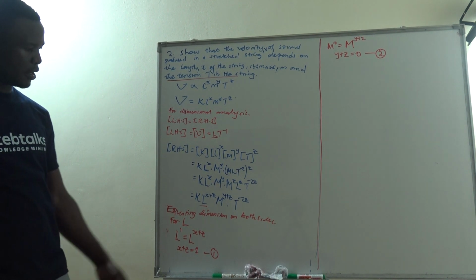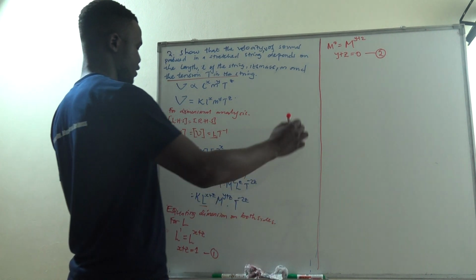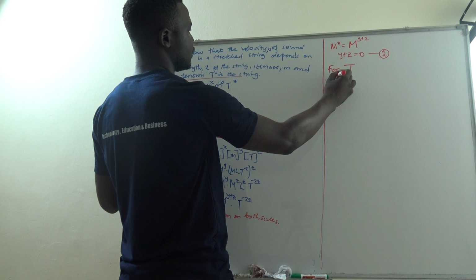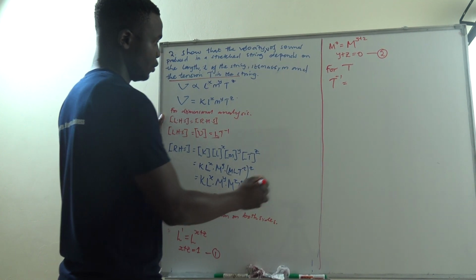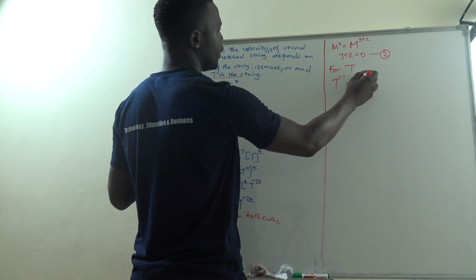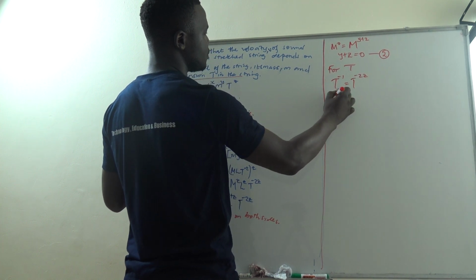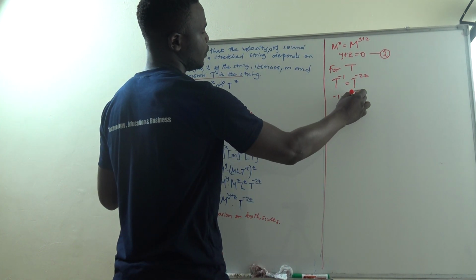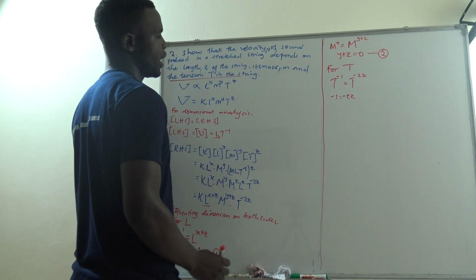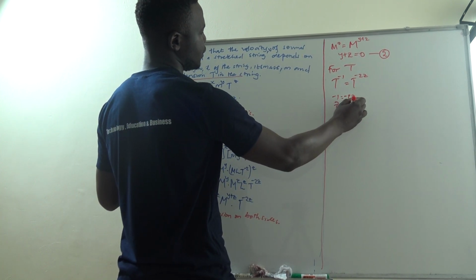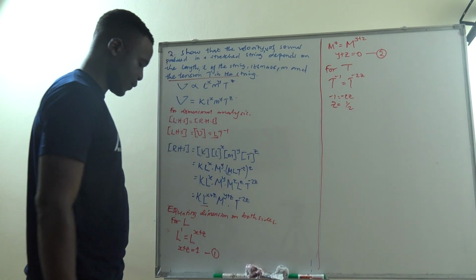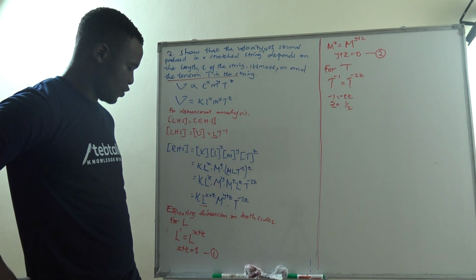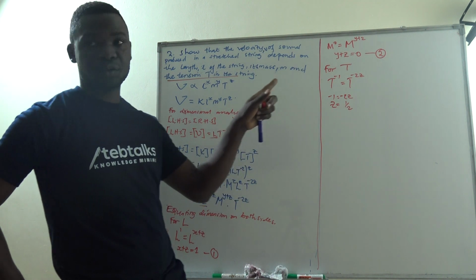So we are left with the t on the right hand side. We are going to say for t on the left hand side, it is t power 1, which will be equal to t power negative 2z. And this tells me that negative 1 is equal to negative 2z. We divide through by negative and we realize that z is a half. Now we look at our equations. Equation 1 has z, equation 2 has z.